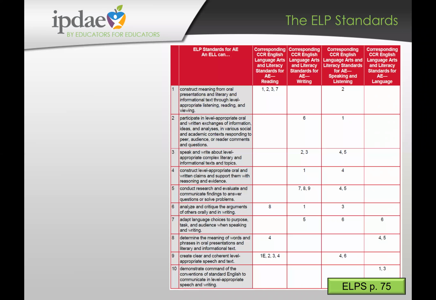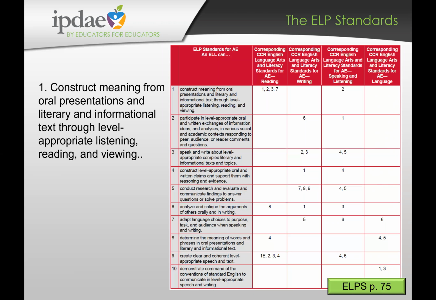Again, this is on page 75 of the English Language Proficiency Standard report that is also included in the materials for this webinar. So we start with ELP Standard 1, which is the one that I just read to you, constructing meaning from oral presentations, and then we go into our chart.